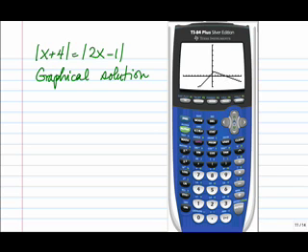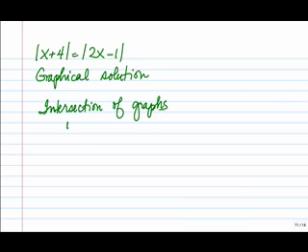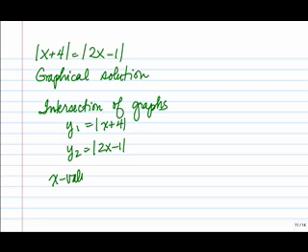Okay, so we'll just summarize this. We can do the intersection of graphs, and in doing that, we will let y1 equal absolute value of x plus 4 and y2 equal absolute value of 2x minus 1. And the solutions are the x values where the graphs intersect.